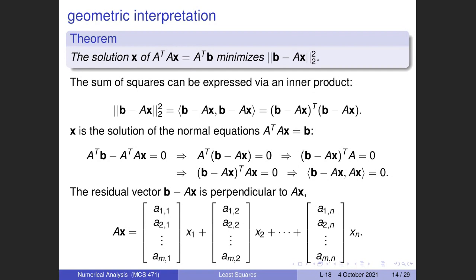Now, if this is true in general, this is implied by the residual vector being perpendicular to each column separately. And how could you prove this? This is a stronger result than what is explained here. You could take X to be the first unit vector. You take any matrix, and if you take the first unit vector, then you will be perpendicular to the first column.